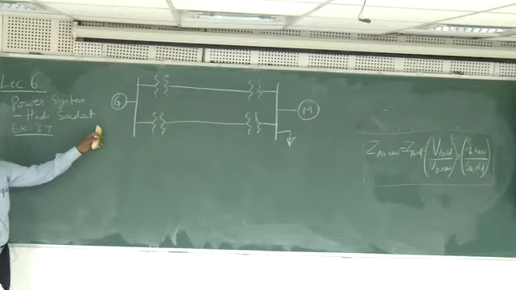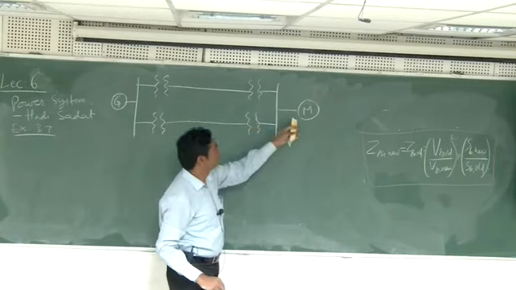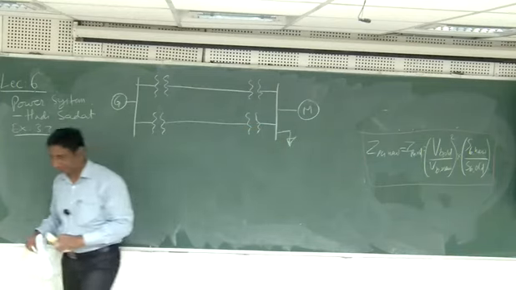There is one generator, and then two transformers, two transmission lines, again two transformers, and then one motor, and one load.